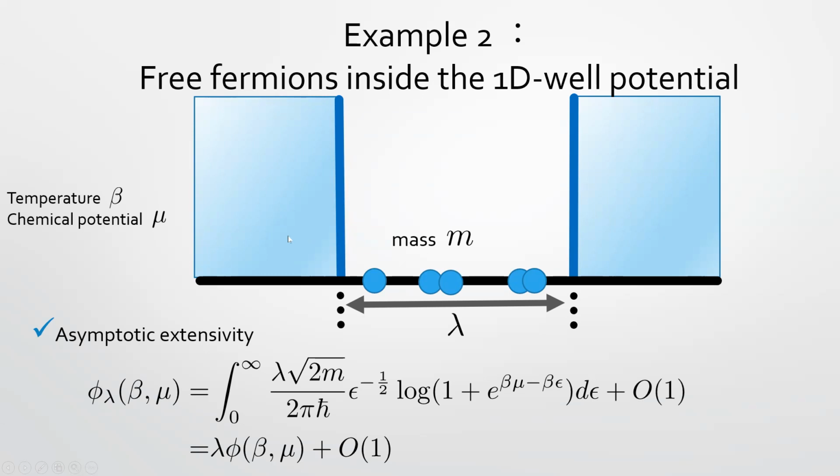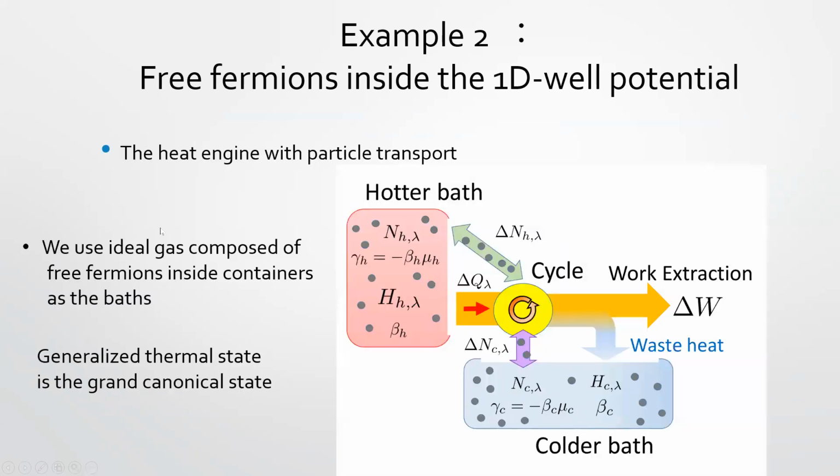And we have several quantities. One is the Hamiltonian, this is the energy, and another one is N, the number of particles. The total number of particles is constant among the two baths. This is a hot bath, and this is a cold bath, and the total number should be conserved.